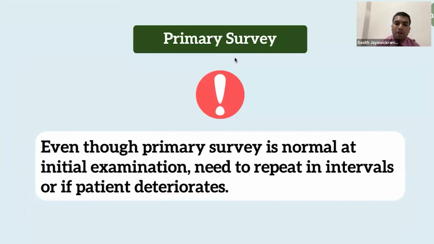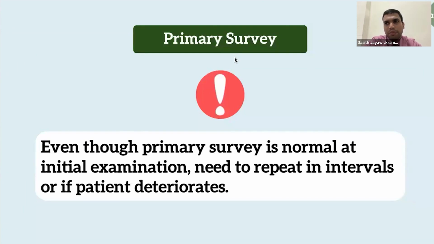Okay, now we have gone through the primary survey. The patient is normal and doesn't have any injuries in the primary survey. Does that reassure us? Up to some extent. But we should not rely on the primary survey that has been completed.